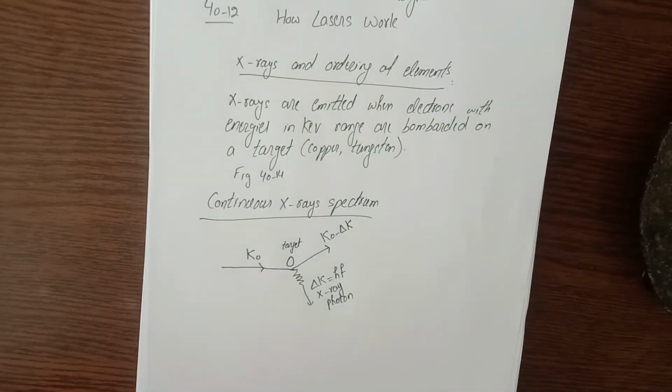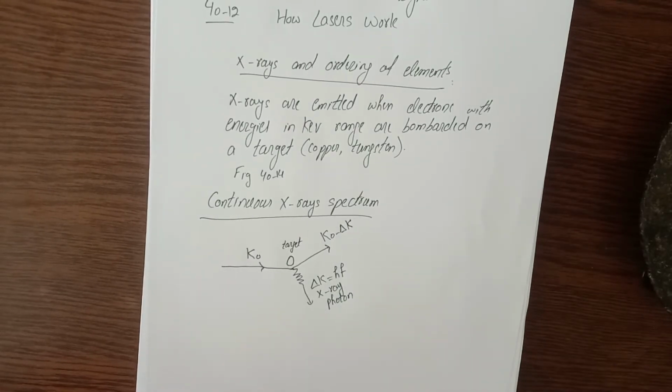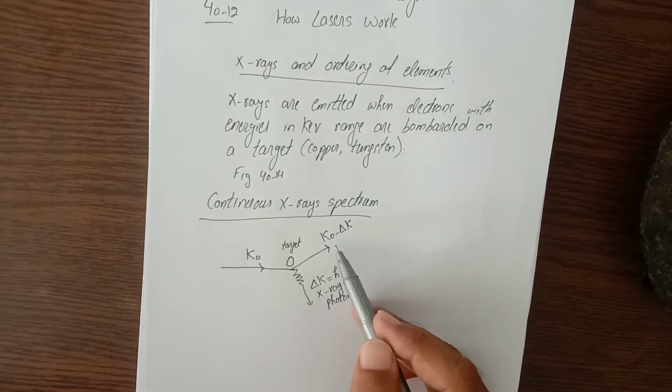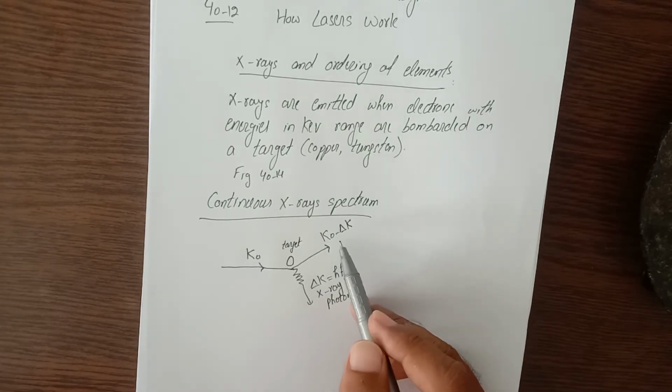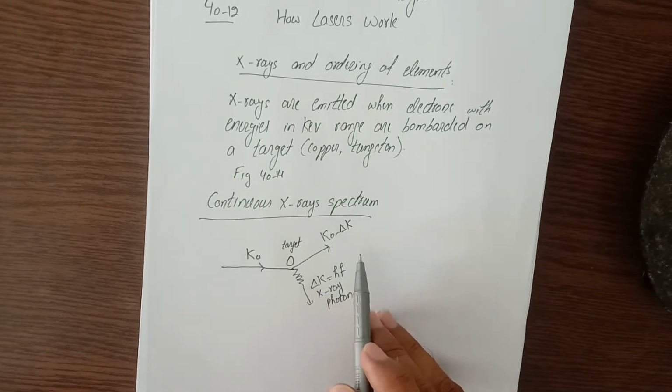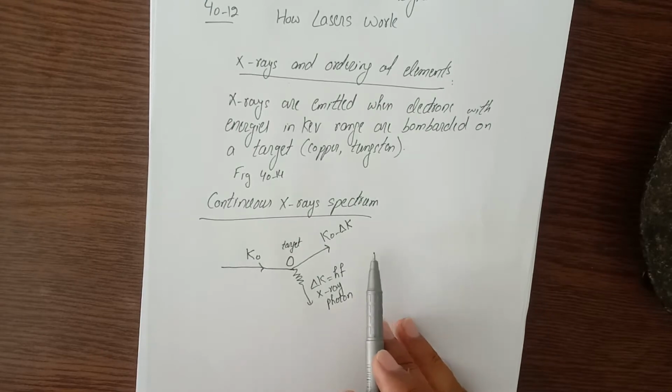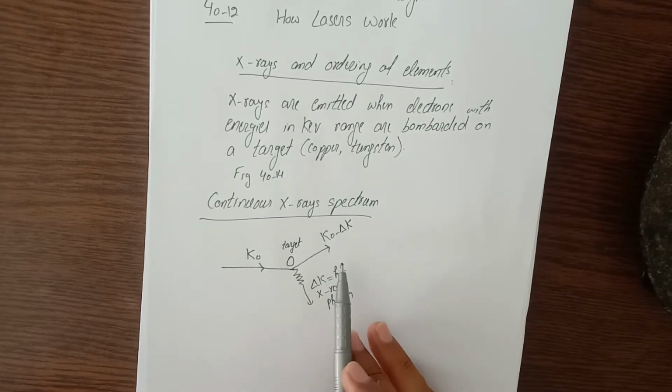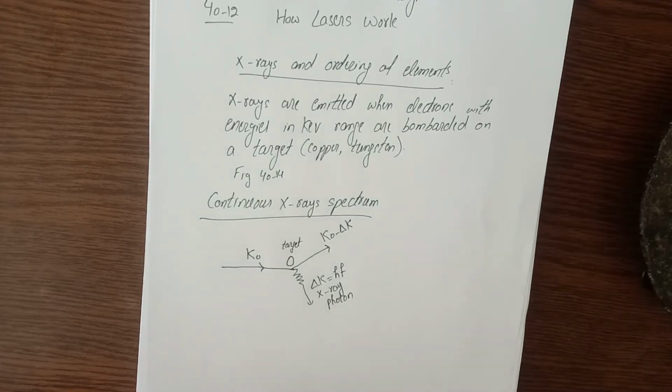This scattered electron, whose energy is now less than K naught as delta K has been subtracted from it, may have a second collision with another target atom and may lose a second photon with a different photon energy. This electron scattering process can continue until the electron is approximately stationary.